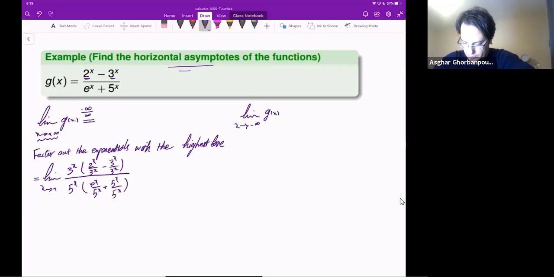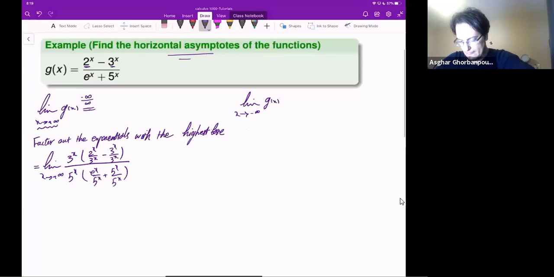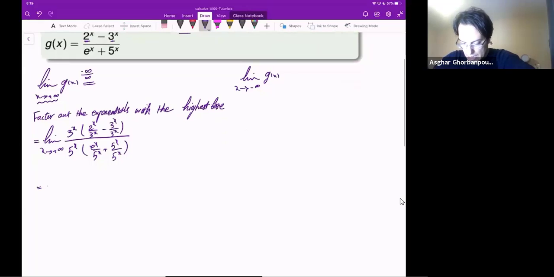As x goes to plus infinity. Now, I will separate these two, using the fact that a over b to the power x is the same thing as a over b to the power x.